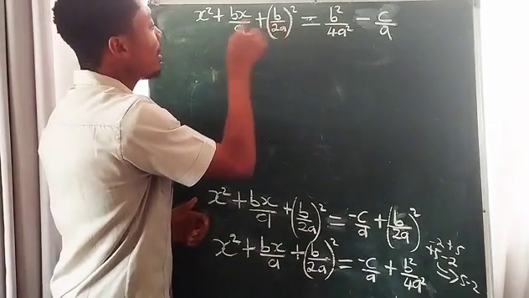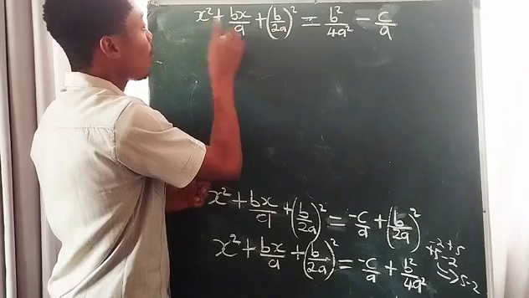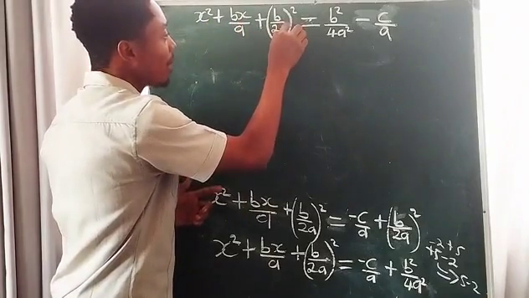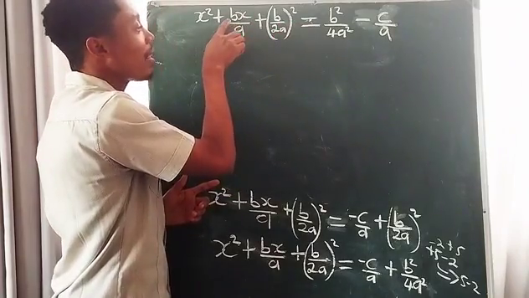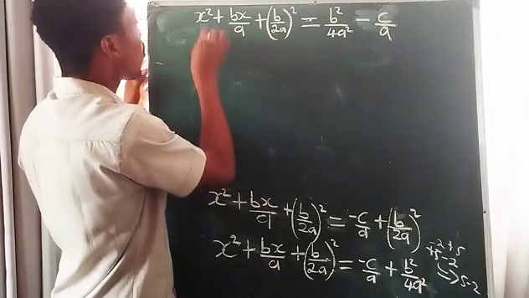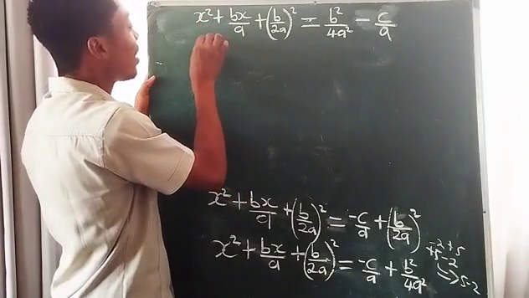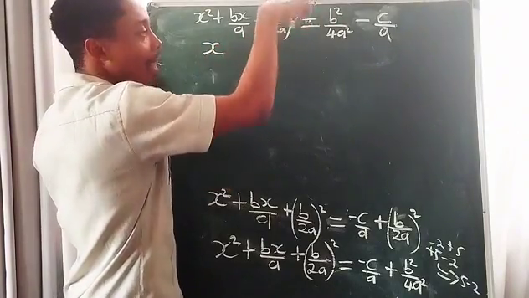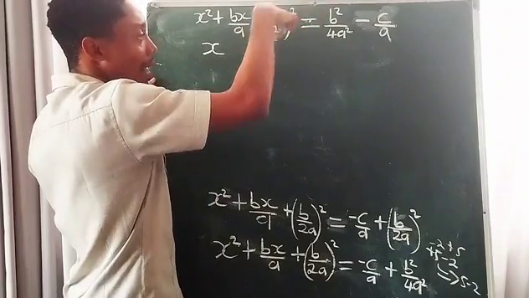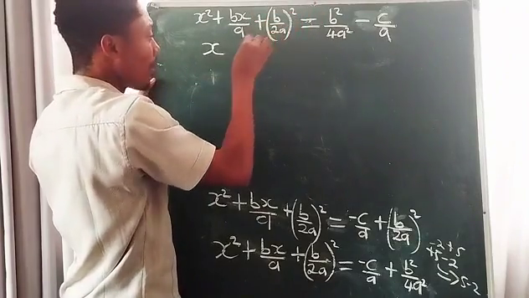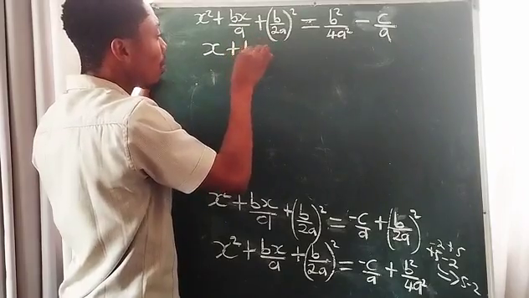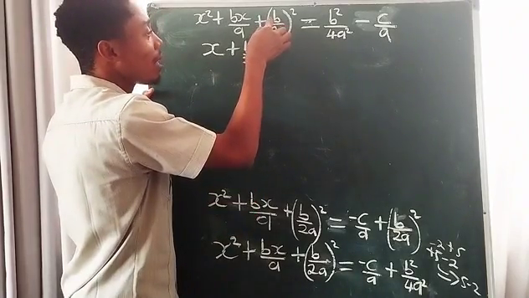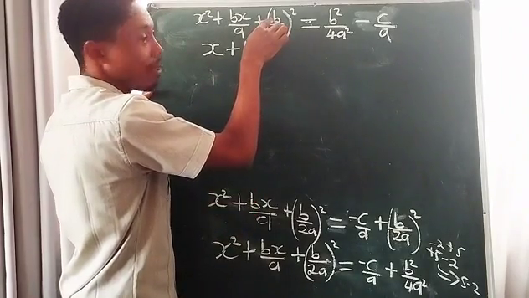In this expression, x squared plus bx all over a plus b all over 2a all squared, this term was gotten from this term. So when factorizing a perfect square, what we do is pick this term x, pick the term inside the bracket, plus b all over 2a. I'm saying plus because the sign before b here is positive.